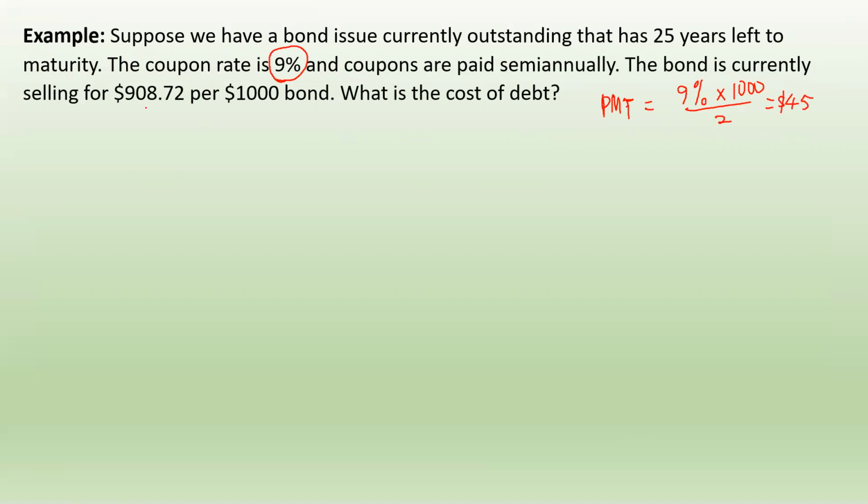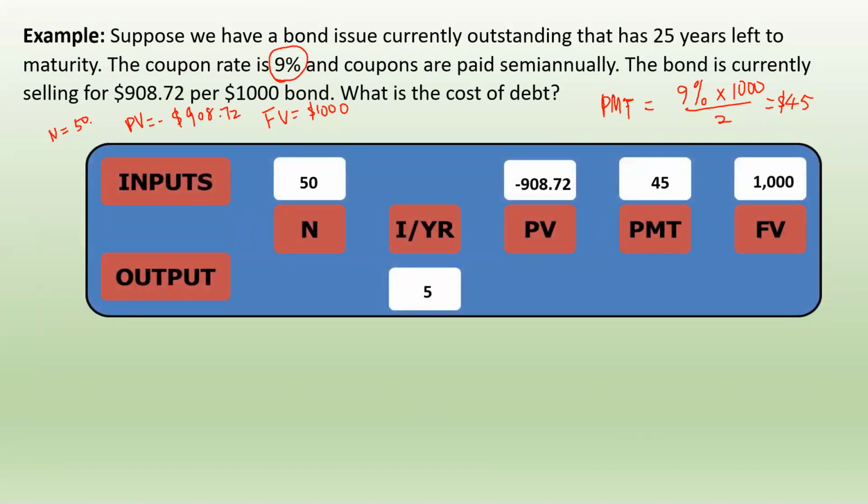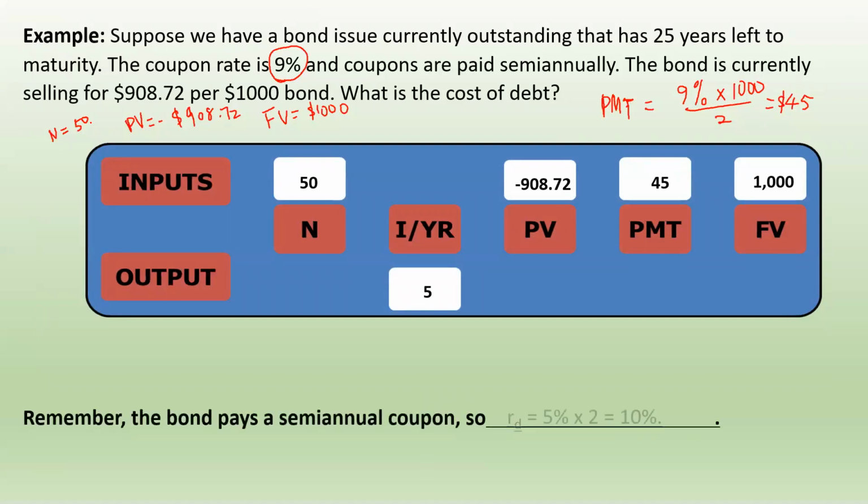And the bond price is $908.72. Remember, this is a present value and it's negative. The future value is 1,000. And N is 2 times 25 years, so in total you will receive 50 coupons. So you will find RD, and because it's semi-annual, this is for half a year.